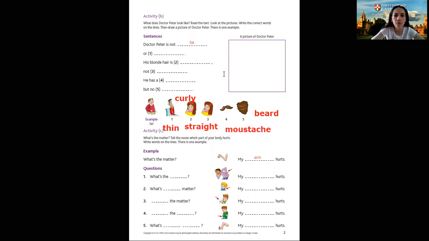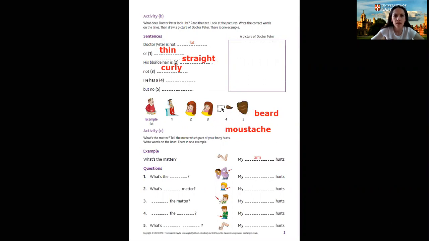Now we have to complete, okay? For example, Dr. Peter is not fat, so he is thin. His blonde hair is straight, not curly. Then he has a mustache.